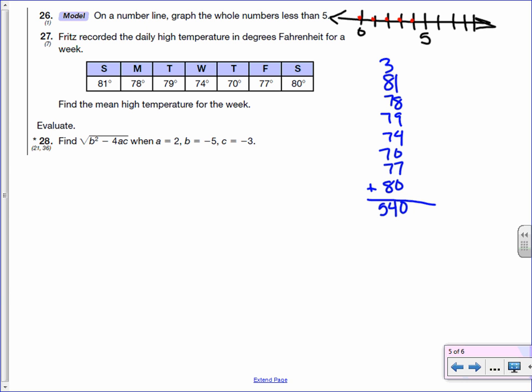So now we have 540 when we add them all up, and then we divide by how many there are, and it's a week, so there's 7. 7 doesn't go into 5, but it goes into 54 7 times. 7 times 7 is 49. 54 minus 49 is 5. 7 goes into 57 times. 7 times 7 is 49.